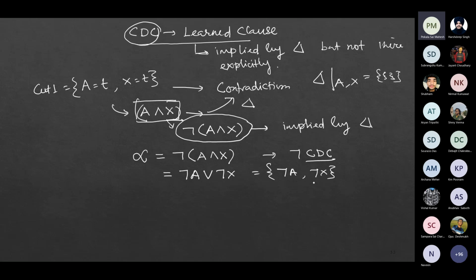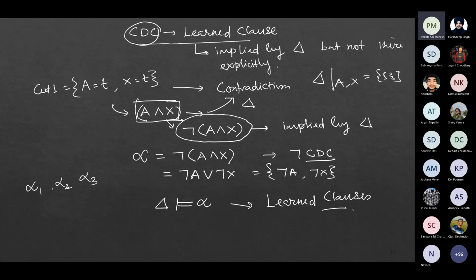So this is in disjunction form, right? And we know that delta implies alpha. And this is what we mean by learned clauses. Now, if we go by the example that we are doing, we have got three such alphas: alpha 1, alpha 2, and alpha 3. Now the question is which one to choose.